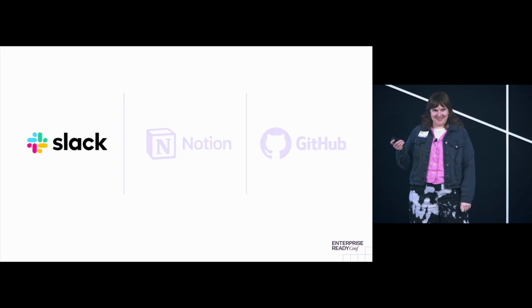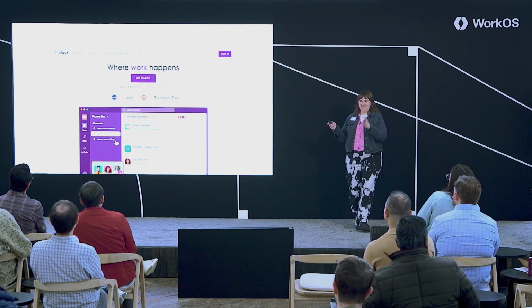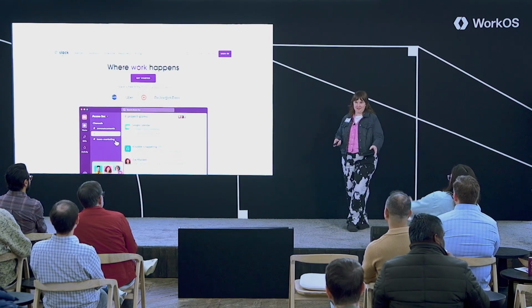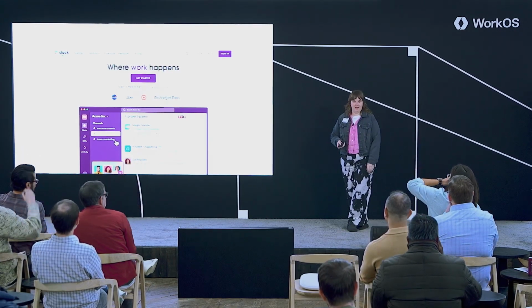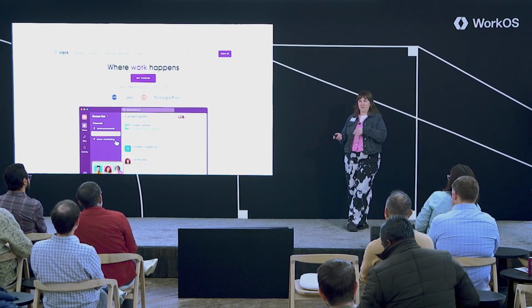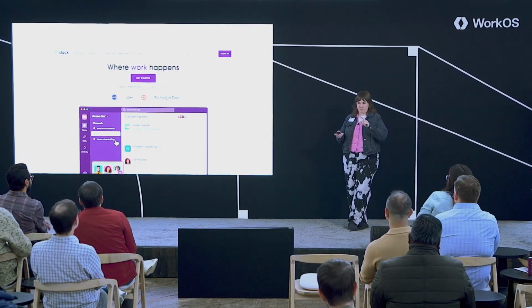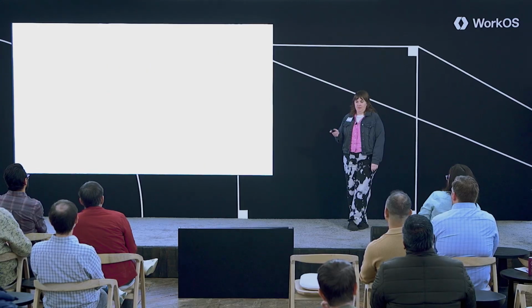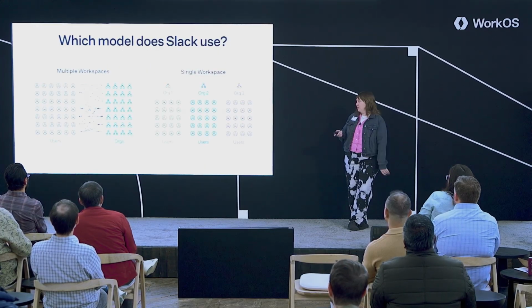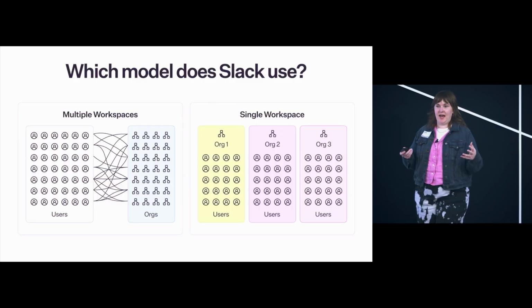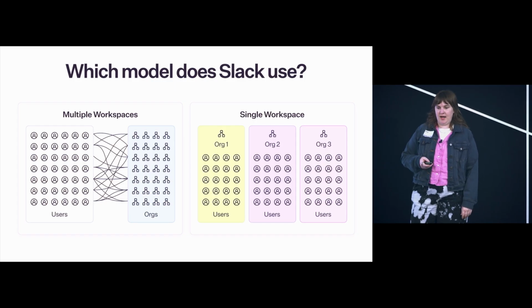Let's start with Slack. OK, show of hands, how many of you use Slack? OK, everybody in the room. OK, how many of you are signed into more than one Slack workspace right now on your phone? Yeah, you switch between them. Now, there's 2 main ways to model orgs and users in a B2B SaaS app.